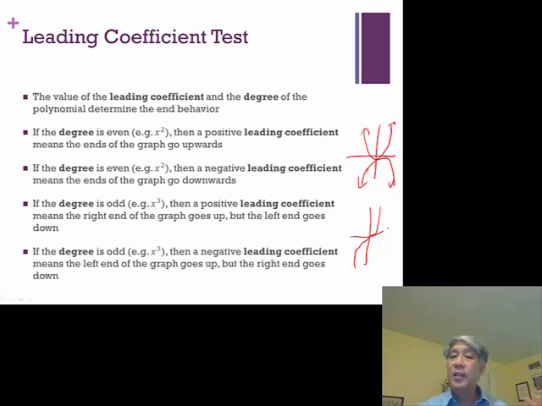And if the leading coefficient happens to be negative, a sub n is negative, then the left end of the graph is going to go up, but the right end goes down. So again, using Dr. O's method, it's going to be even, even, odd, odd, and it shows you which direction the ends of the graphs are going.